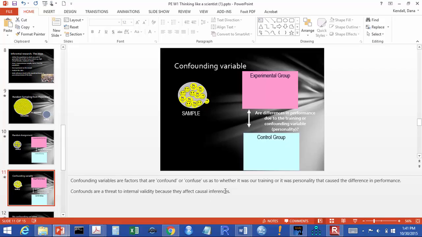Confounding variables confuse us as to whether it was our intervention that had an effect or if it was some other variable that we're not accounting for and didn't know about. So let's say we have a training on interpersonal skills of some kind, and we wish to know if that moves the dial on people's skills after they've gone through the training. And we ask for volunteers.